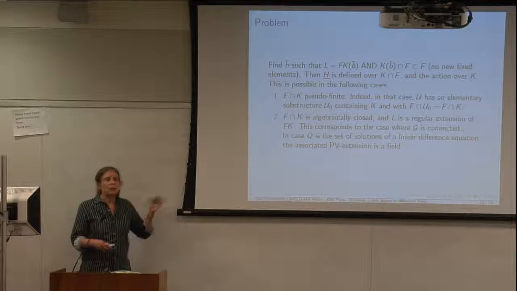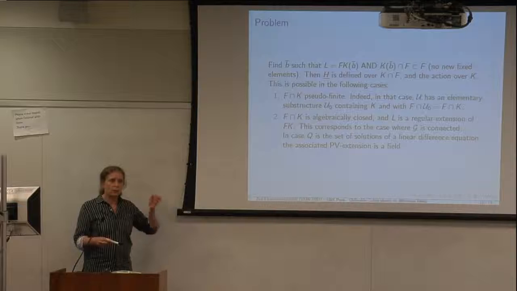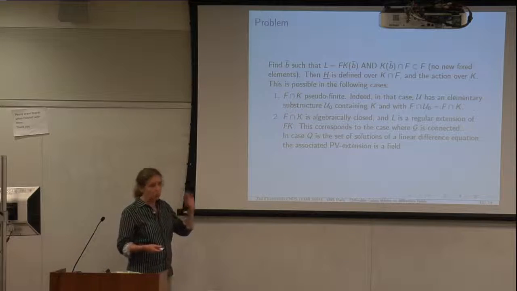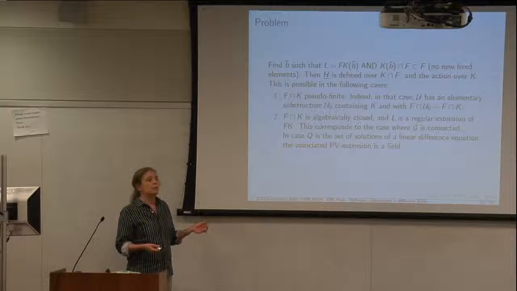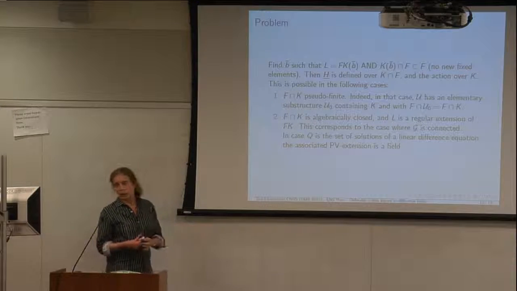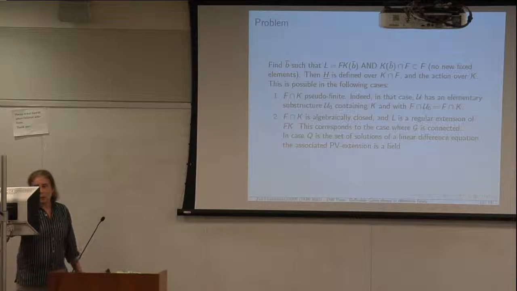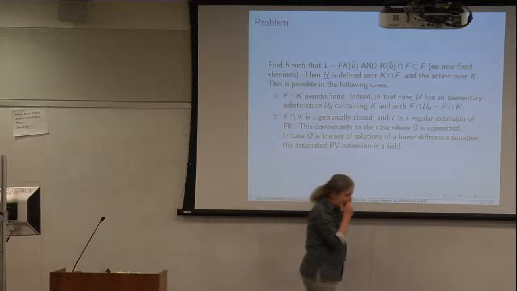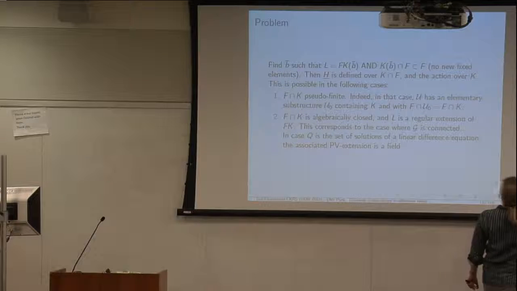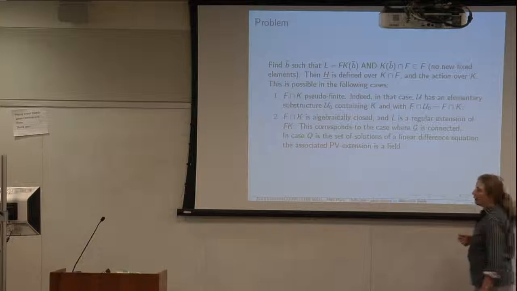You can specialize it to something which is still a realization of the quantifier free type of A over K, which is still a fundamental system of solutions, but does not increase the fixed field. Same thing when F intersect K is algebraically closed and L is a regular extension of FK.